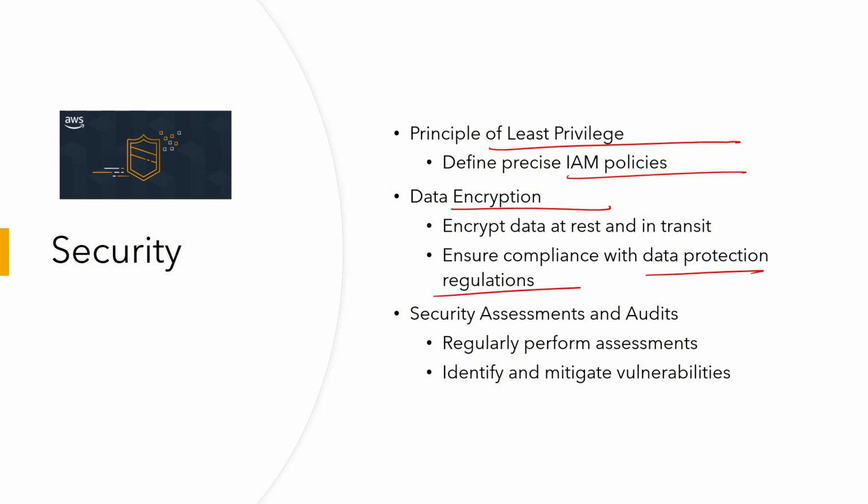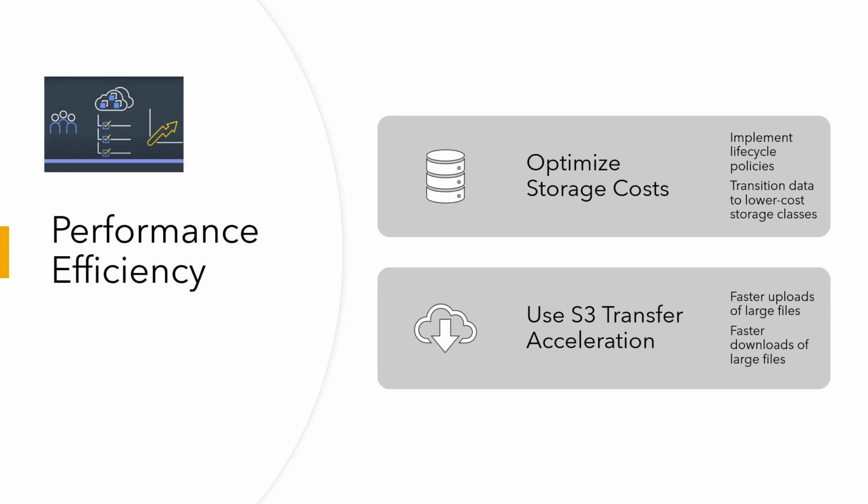And we want to regularly perform security audits and assessments. That's going to allow us to identify and to mitigate vulnerabilities, for example. And for performance efficiency, we want to optimize storage costs.